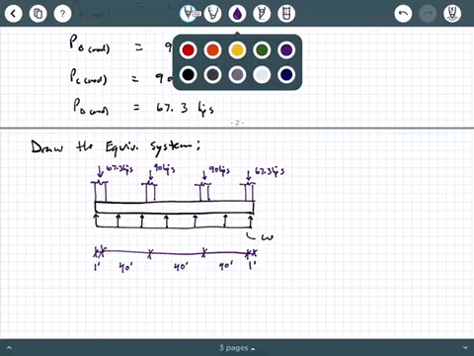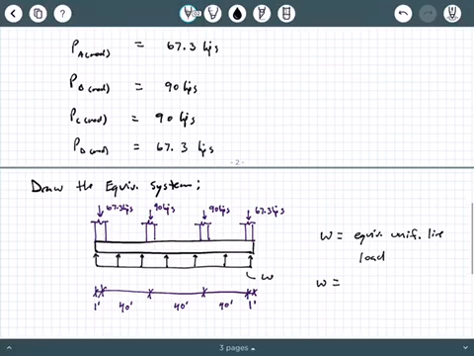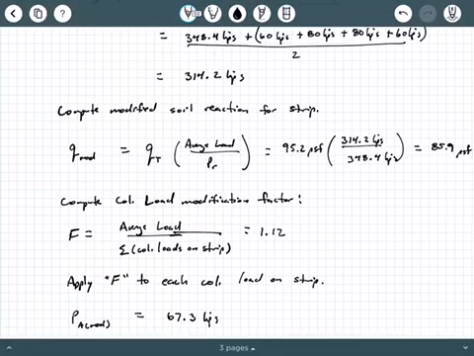Now let's go back to this distributed load W. This W is going to be an equivalent uniform line load. That's what's going to end up helping us be in static equilibrium. So what do you think this is going to be equal to? It's a line load, so you have to be careful.